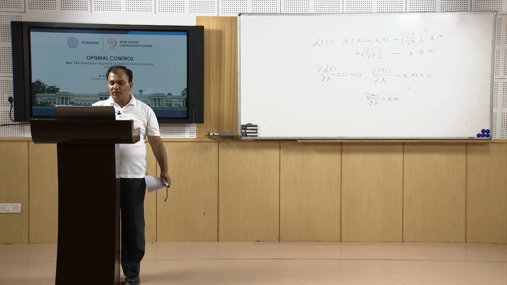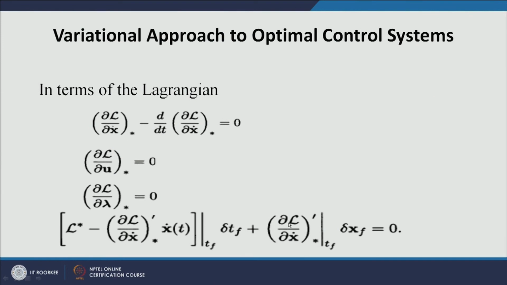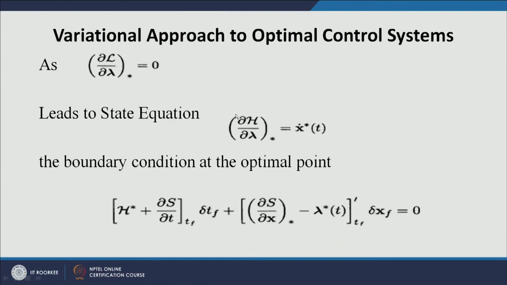Similarly, we can place the value of L in the terminal condition. Once we place L in the terminal condition, I get H plus del S by del T delta T f plus del S by del x minus lambda T delta x f equal to 0. So, this will be my final condition.